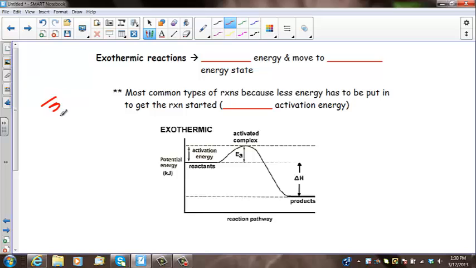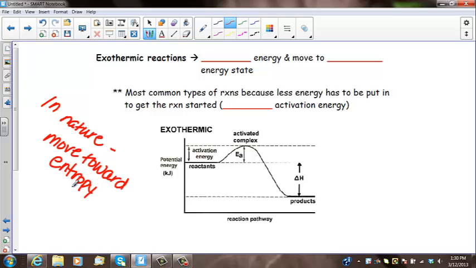So in nature, this is important, we're going to move toward higher entropy and lower enthalpy, or energy. And lower enthalpy or energy refers to an exothermic reaction.